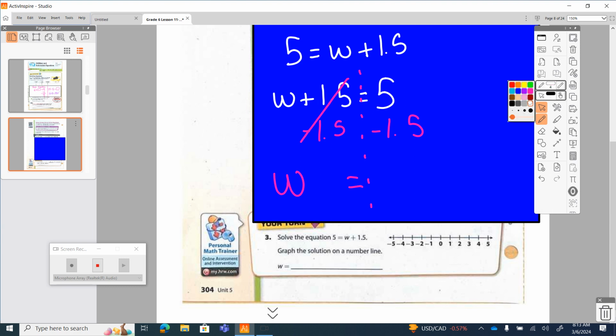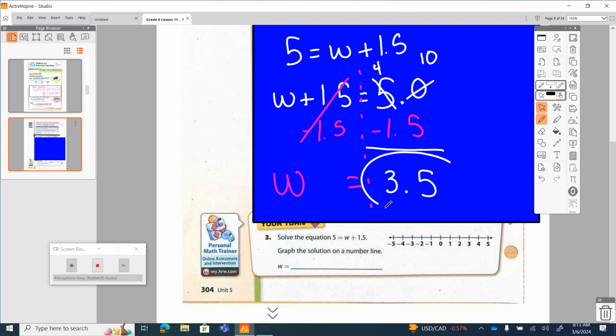Since I need a decimal, I'm going to add a 0. I cannot subtract 5 from 0. This is going to become 10. I'm going to regroup. This 5 becomes a 4. 10 minus 5 is 5. 4 minus 1 is 3. And I bring down my decimal, and I get 3.5.